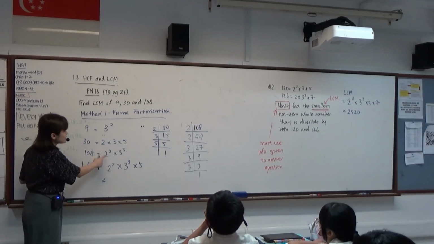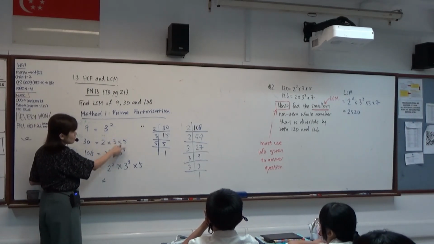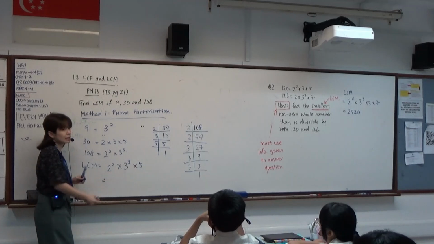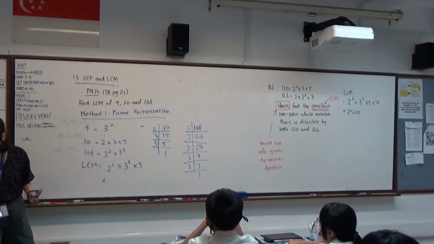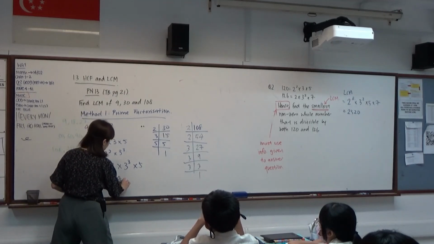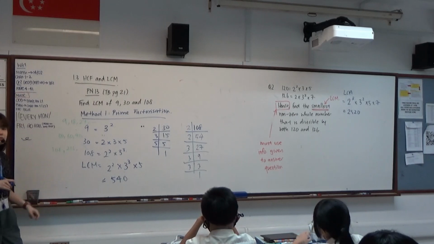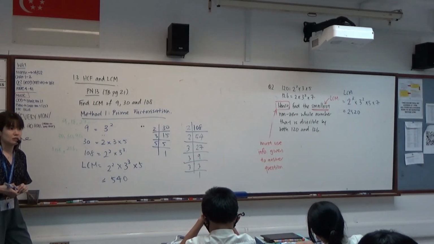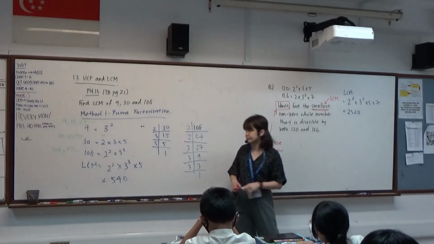That's why we always take the biggest one, and also those that are not in the others, but we still have to take it out. So in this case, what we will eventually get is 540. So we always take the greatest when it comes to lowest common multiple. In a very loose way of saying that, we take out the greatest factor.